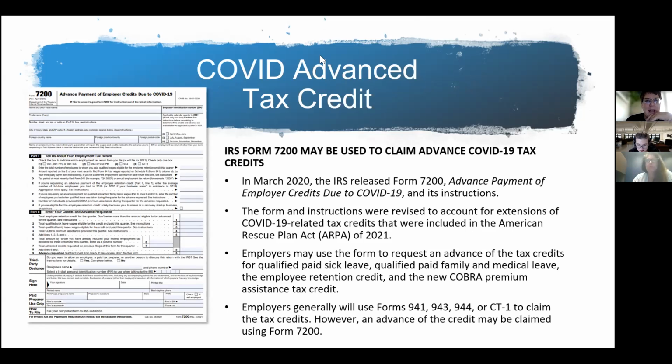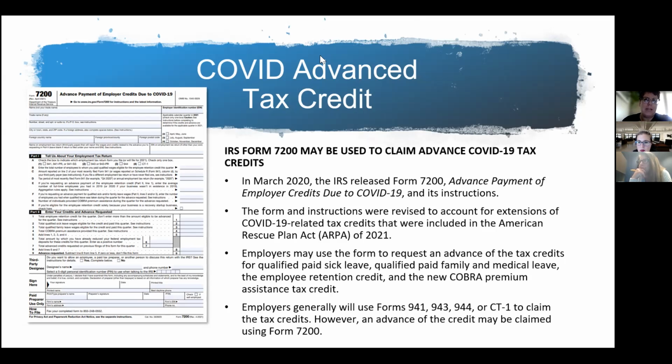The advanced tax credit. What this is, a lot of companies knew that they were going to qualify for the credits. They were paying sick leave, they were paying the extended family and medical leave.